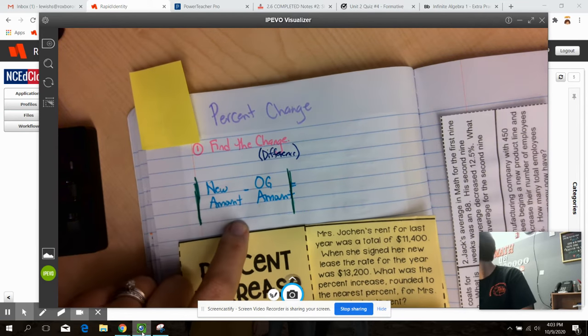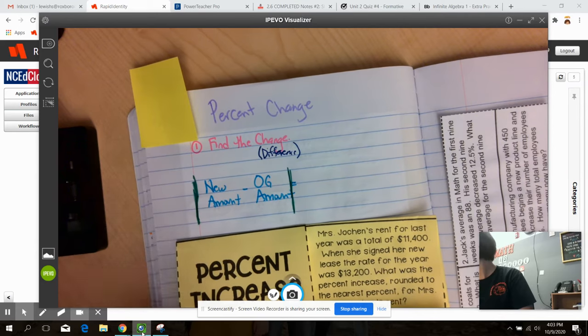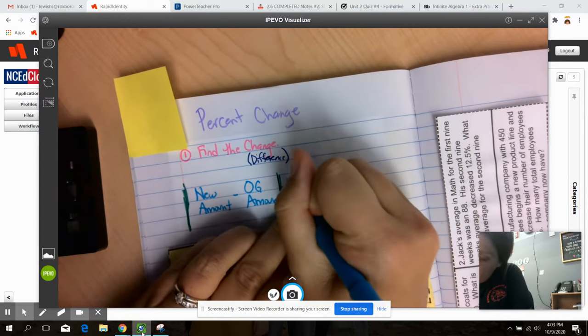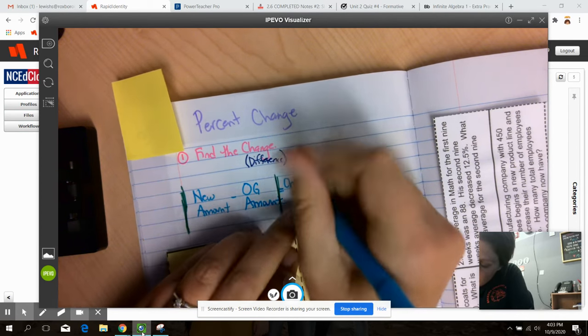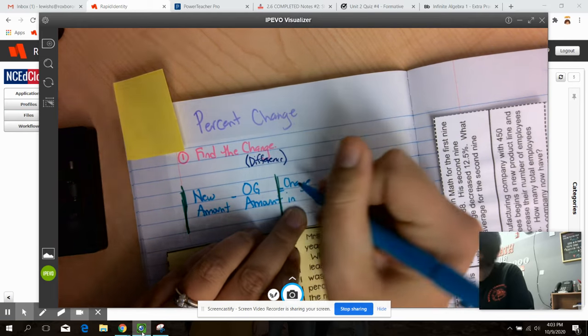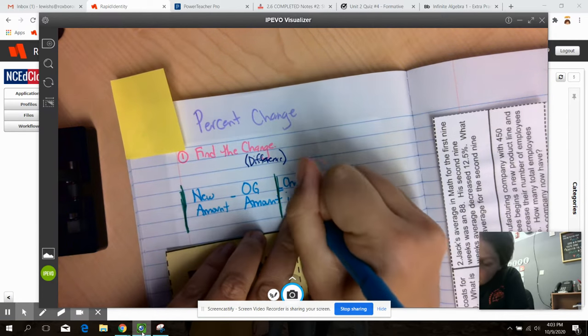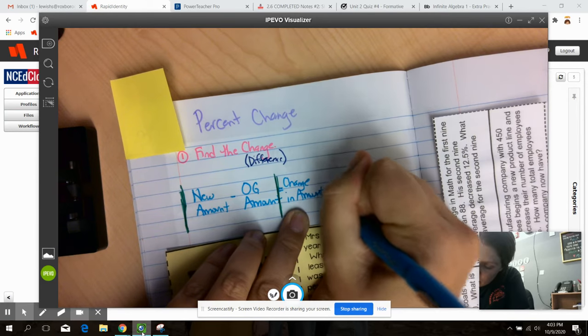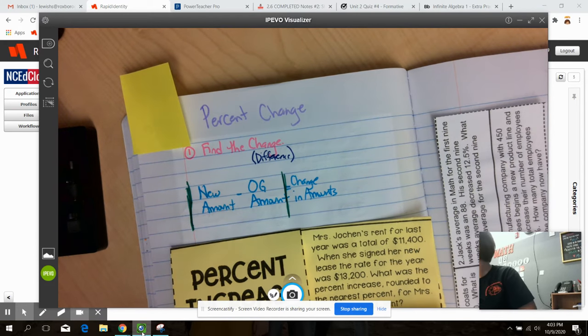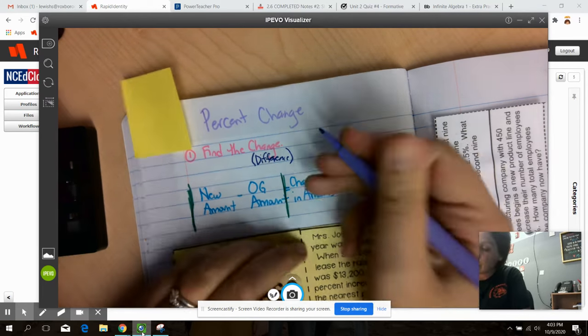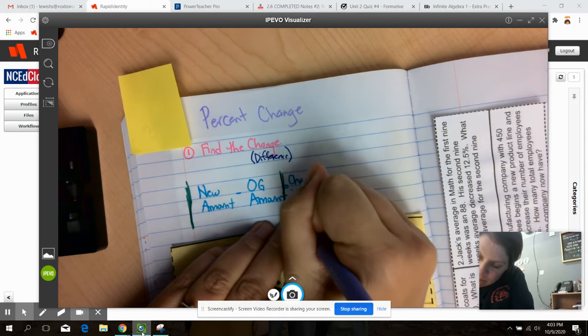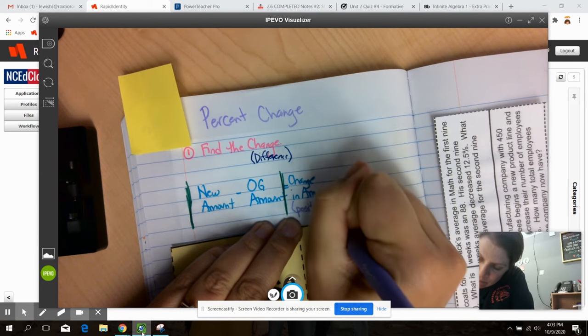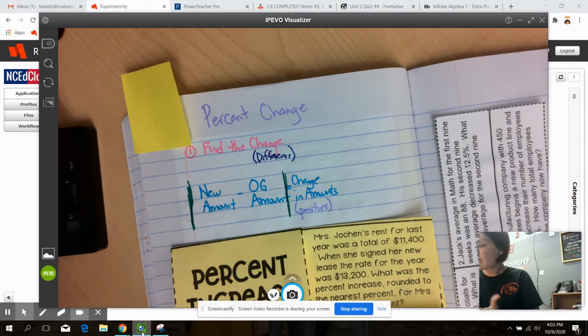If we do the new amount minus the old amount, we're going to find the change in amounts, and like I said, that has to be positive because we're taking the absolute value. Now that's the first step.